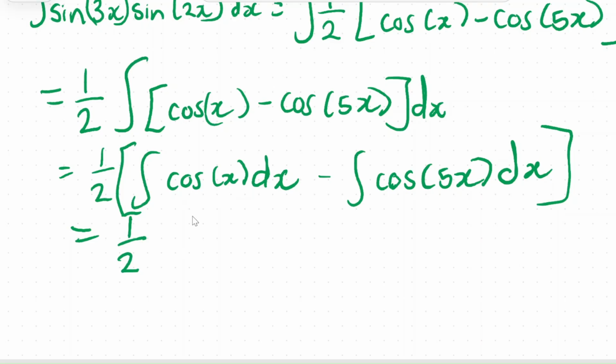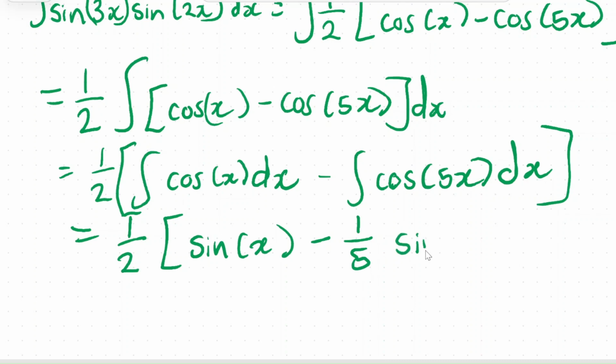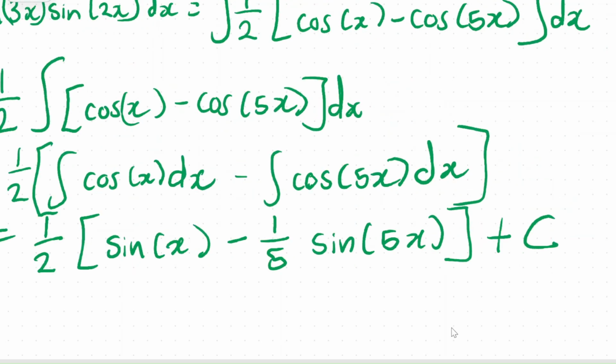And now what's the integral of cos? Well, that would be sine of x, minus the integral of cos 5 of x, which would be 1 over 5 sine 5 of x. And never forget your c. And that's the final answer.